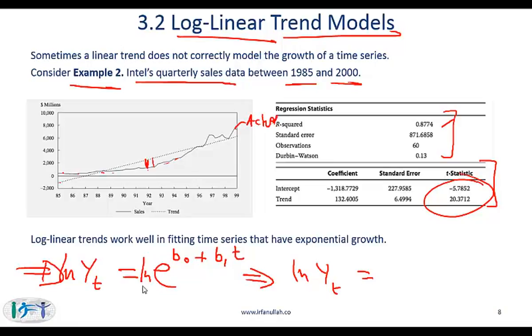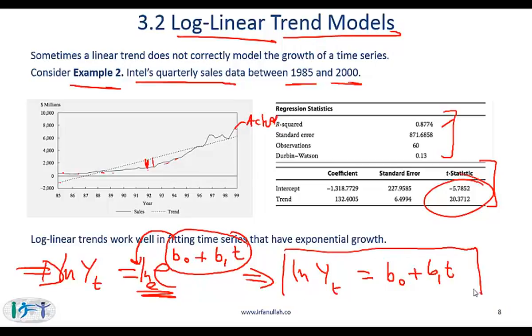When you have ln e to the power of something, the exponent actually comes down here. So you have b naught plus b1 times t multiplied by the natural log of e. Natural log means base e, and you have e over here, that is just 1. And you are left with this relationship.